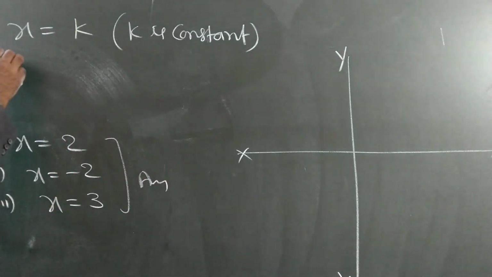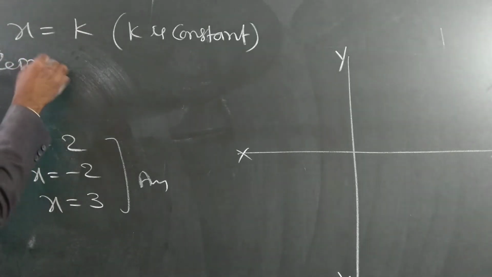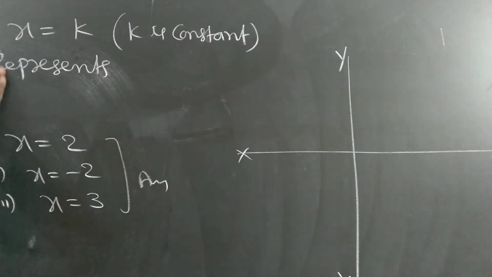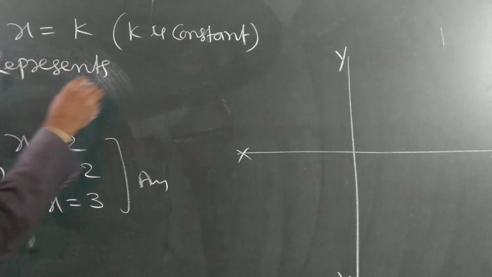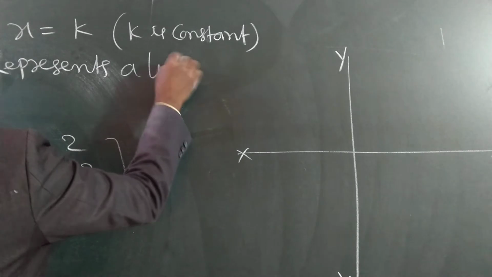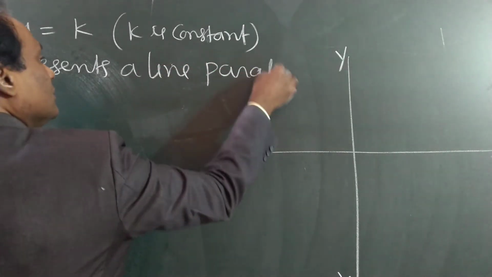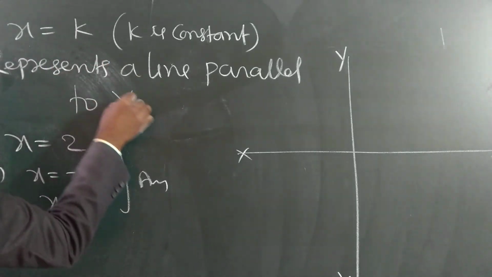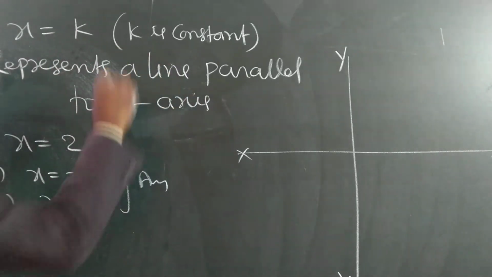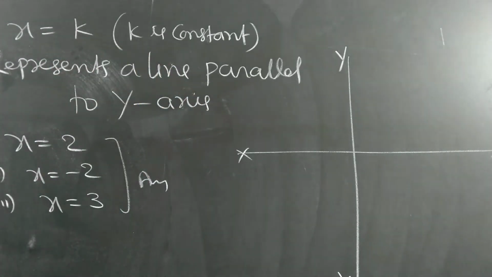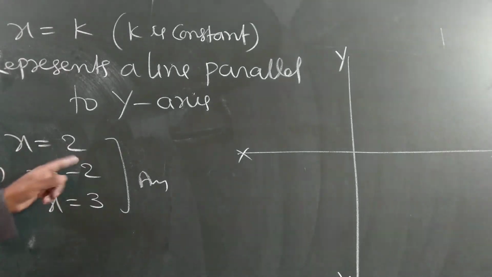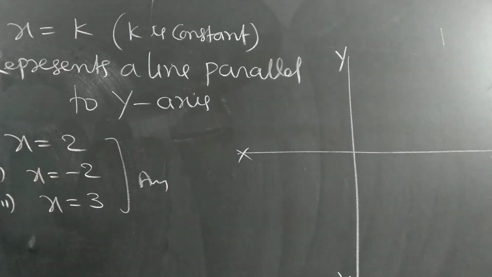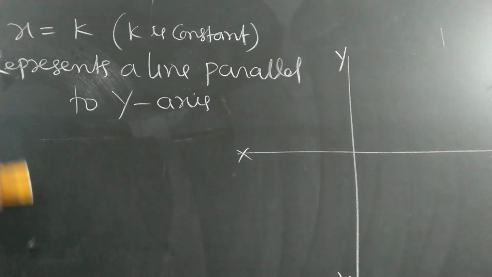X is equal to k represents, write down, x is equal to k represents a line parallel to what? X is equal to means parallel to the y-axis. Remember this important bit. X is equal to 2, x is equal to minus 2, x is equal to any number, it is parallel to the y-axis.